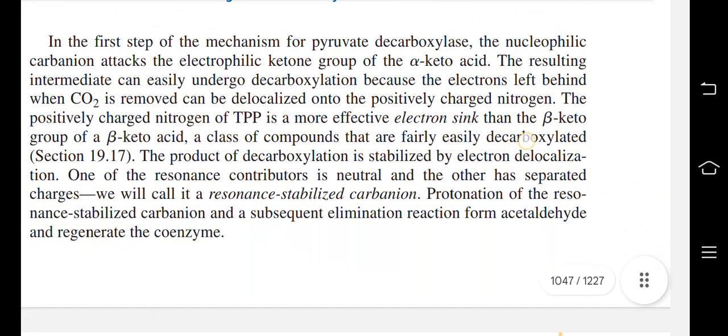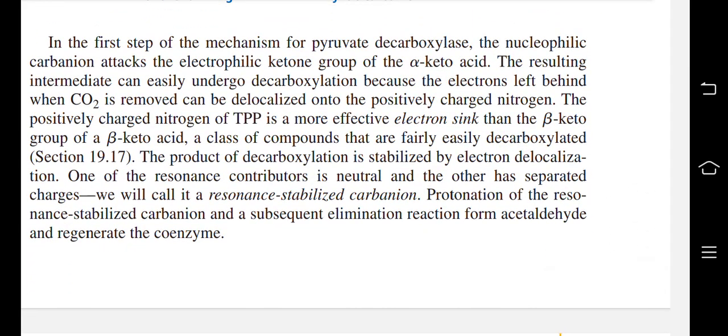In the first step of the mechanism for pyruvate decarboxylase, the nucleophilic carbanion attacks the electrophilic ketone group of an alpha keto acid. The resulting intermediate can easily undergo decarboxylation because the electrons left behind when CO2 is removed can be delocalized onto the positively charged nitrogen.